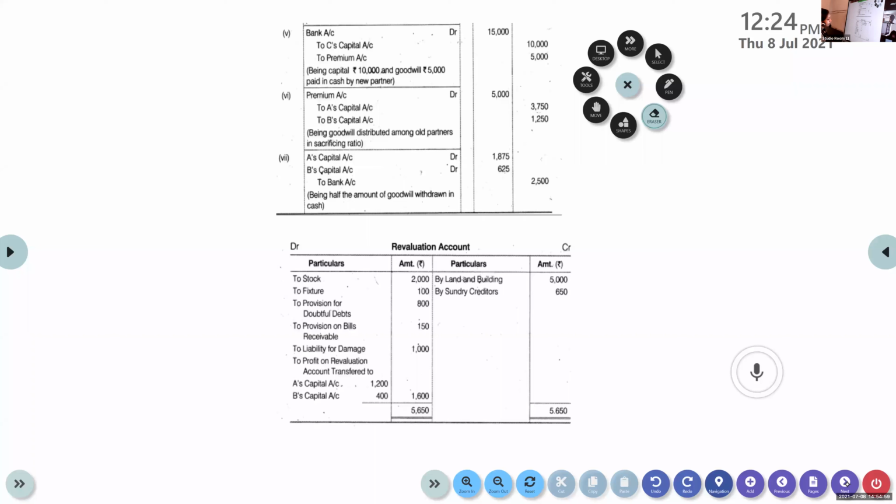Then sundry creditors on the credit side, there is decrease in the liability. So that's all on the credit side. Land and building is increasing and liability sundry creditors is decreased by 650, directly given in the question.